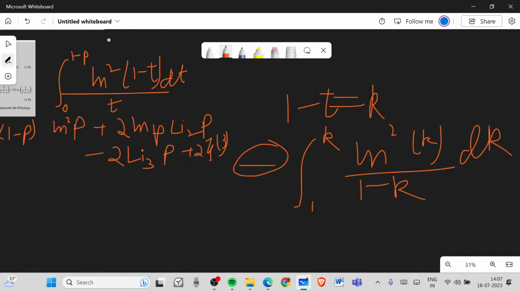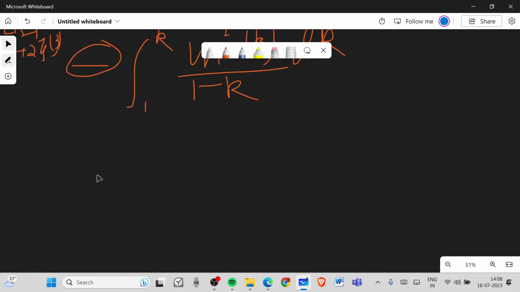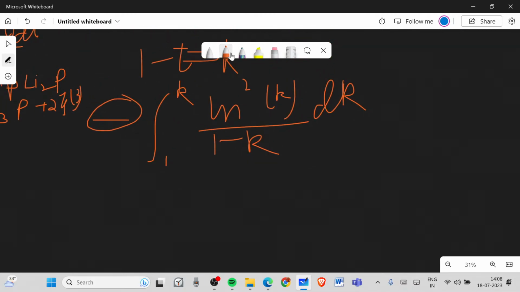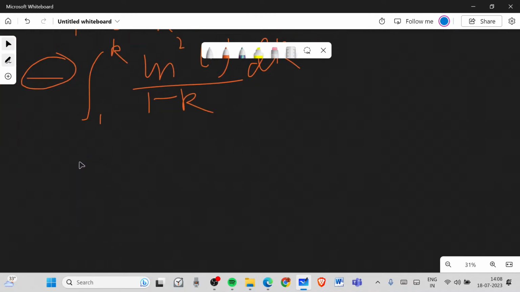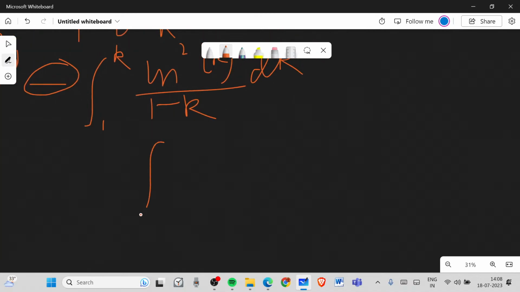Actually, in the first attempt of the same step, we missed it. Now, again, doing the same thing, writing 1 by 1 minus k as a sum of GP, integral 1 to k. Why are we directly doing this? First of all, we should apply by parts, right? We're forgetting the thing.